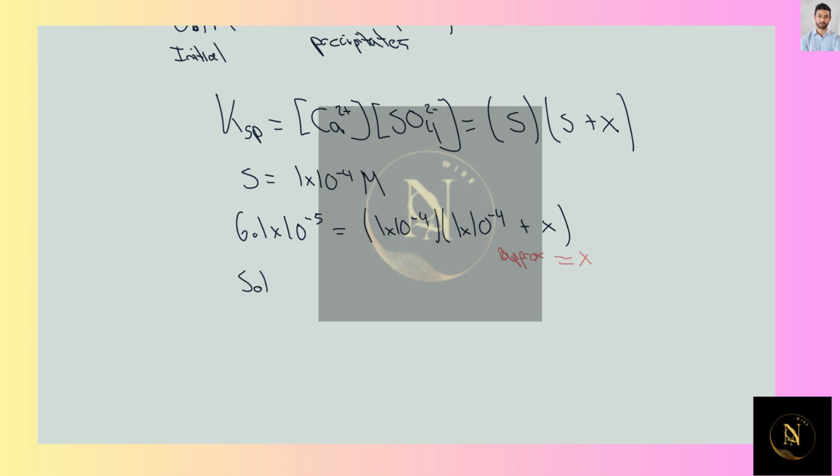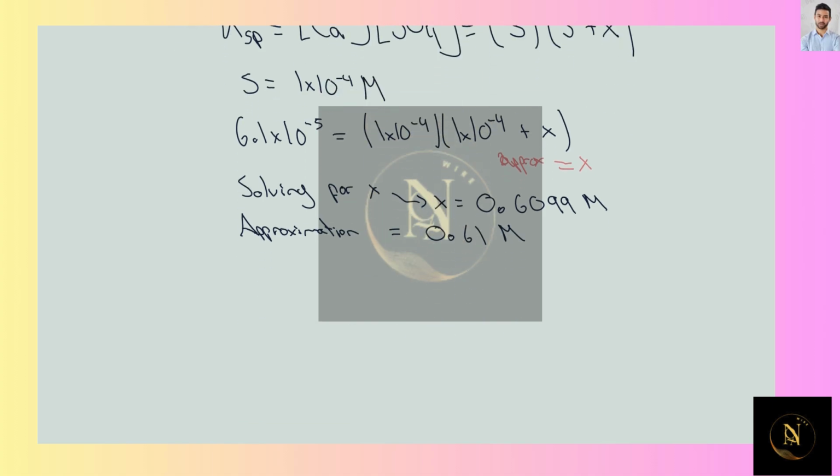For example, solving for x with the full equation without any approximation gives x equal to 0.61, well, actually 0.61699 molar. And doing the approximation, the result is the same, 0.61, and it's quite direct. So in this case, it really doesn't matter. You can use approximation or solve the full equation. Let's stick with this value.